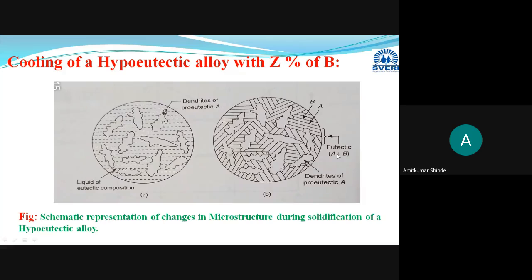And the transformation reaction occurring, where one liquid produces two solids, will be termed the eutectic reaction or eutectic transformation. So these are the microstructural changes. Please draw this diagram, and then I will explain the next curve, or microstructural changes for the next alloy.